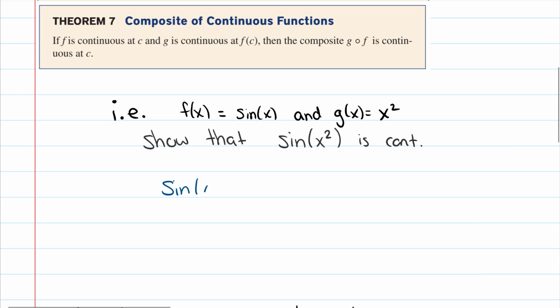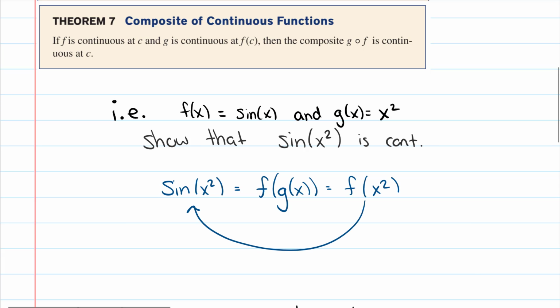So sine of x squared is equal to f of g of x, because g of x is x squared. So if we have f of x squared, we get the function sine of x squared back. So in order to show it's continuous, all we have to do is show that it's a composite function and each part is continuous.